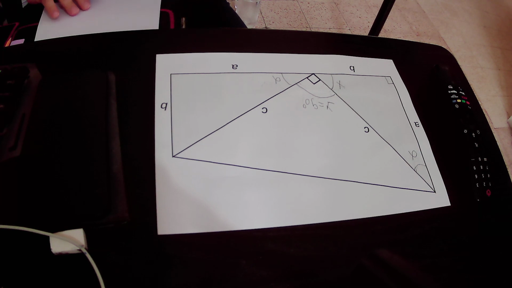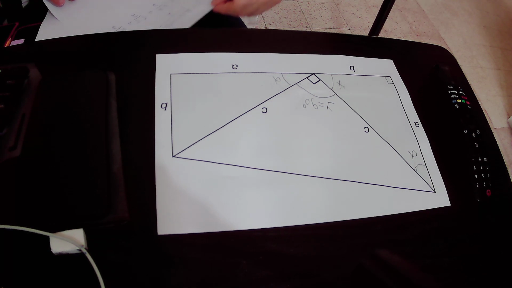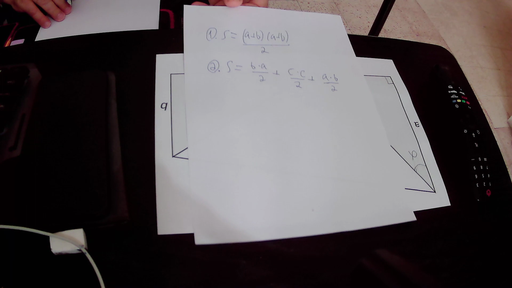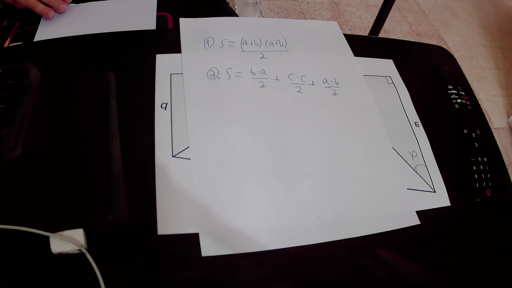Okay, so the sum of the areas of these three triangles equals the area of the trapeze. So we arrived at the area of the trapeze by calculating the sum of the areas of the three triangles that the trapeze contains.